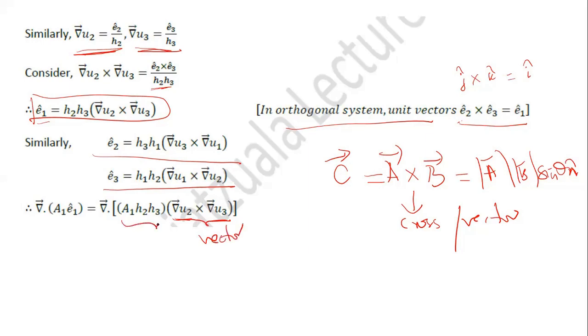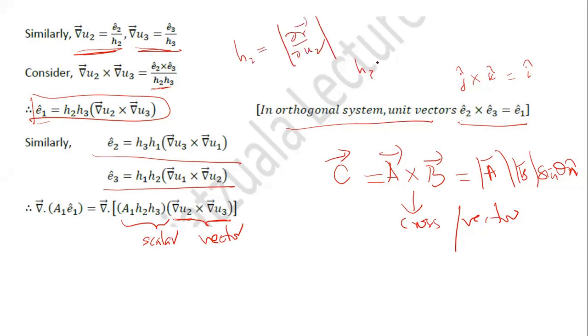Now this quantity is a certain scalar, and this quantity is a certain vector, because a1 is a function of x, y, z. Similarly, h2 and h3 are the magnitudes. You remember that h2 is the magnitude of del r vector upon del u2.